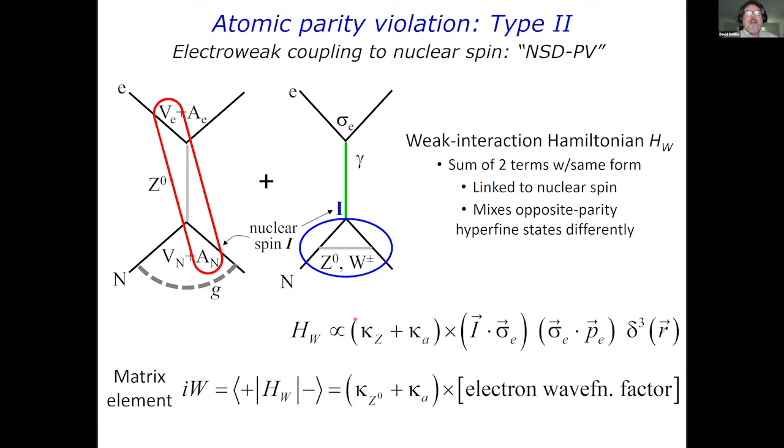This one from the direct Z exchange and this one from this nuclear effect called an anapole moment. It mixes opposite parity hyperfine states differently depending on which hyperfine state it is. In the end, the physics is encoded in the matrix element of this Hamiltonian, which can be written as the sum of these two coupling terms times, again, an electron wave function factor that can typically be calculated quite accurately.